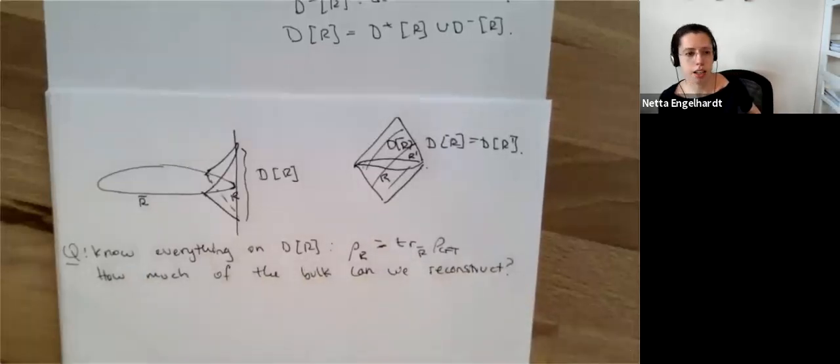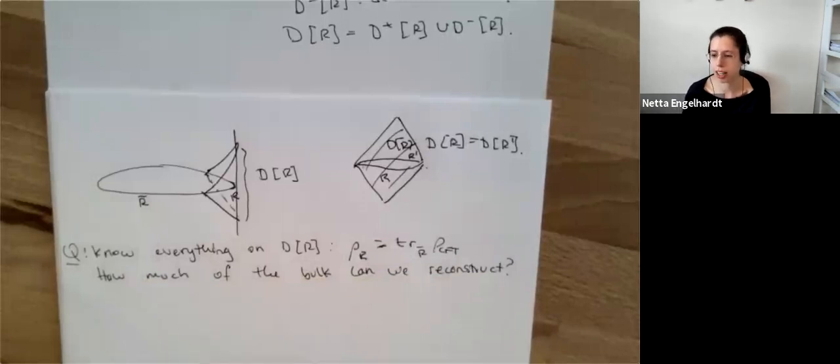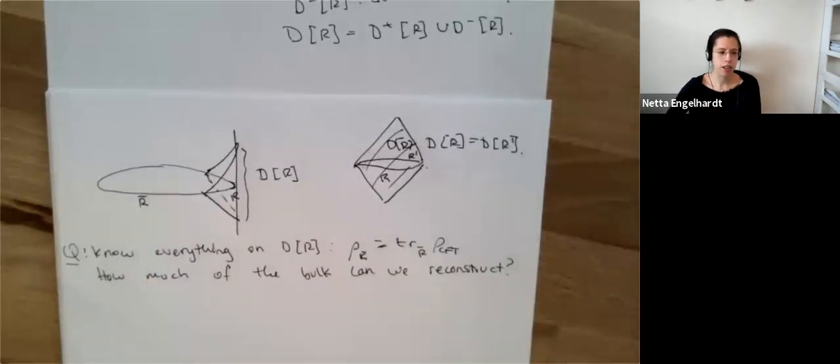Now, I have a feeling that if I put a poll here, I'm going to get the vast majority of you saying you can reconstruct the entanglement wedge, because most likely this is what you've been told. But the entanglement wedge is not the natural thing to reconstruct here at all. The most natural possible object to think of here is in fact something we call the causal wedge.